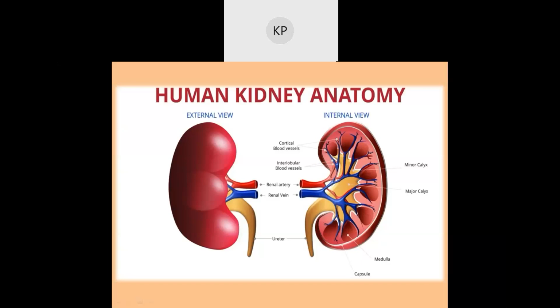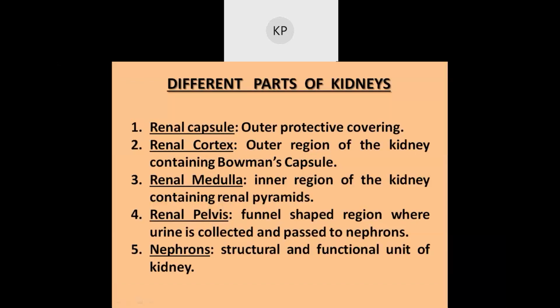The kidneys are the main excretory organs which help to filter out nitrogenous waste material, excess amount of water, excess salt, and other metabolic waste. Now, different parts of kidneys. Number one is renal capsule. These are the outer protective covering of a kidney.